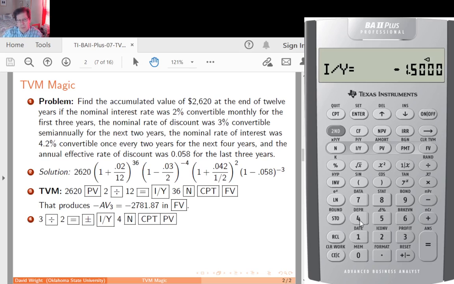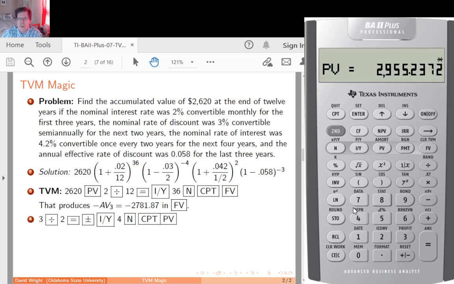And now the 4 we're going to put in as a positive because we're working from future value to present value. And so at this point, all I have to do is say compute present value. Whoops, I did not hit the compute, sorry.